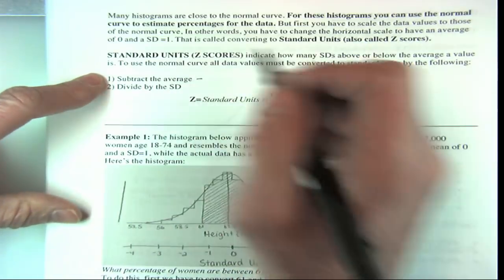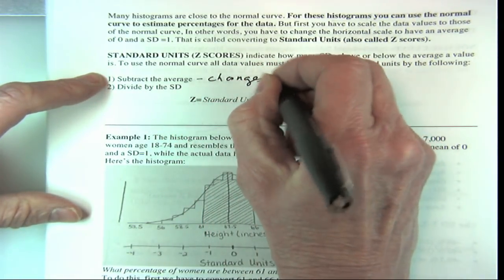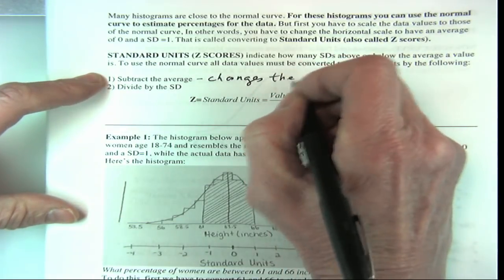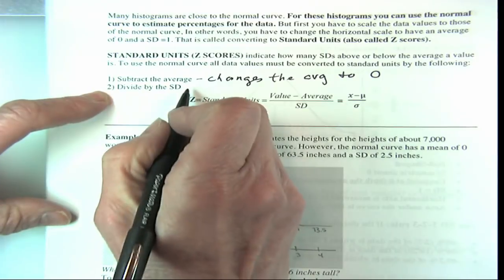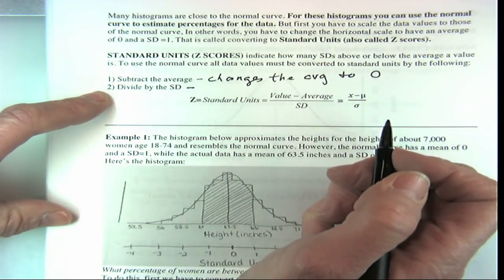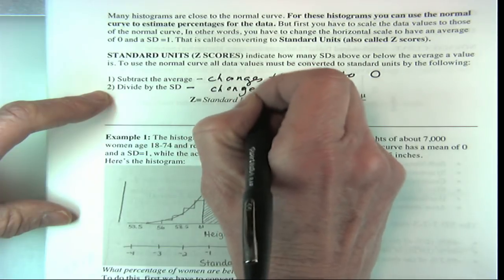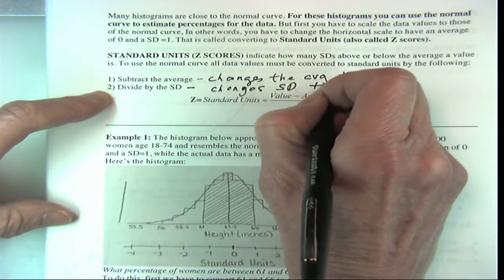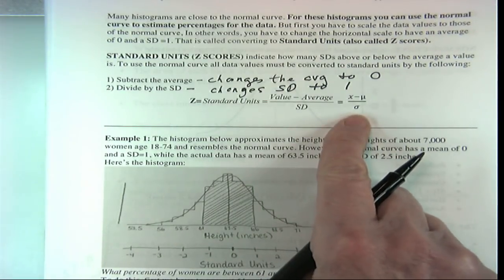Subtracting the average changes the average of your values to 0. Then you divide by the standard deviation, and that changes the standard deviation to 1. Okay, so that's what you do.